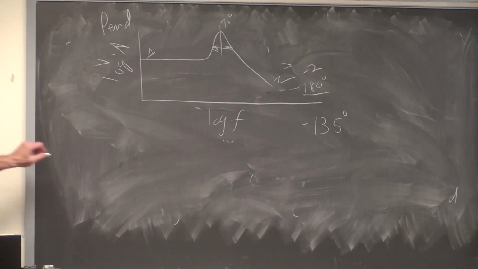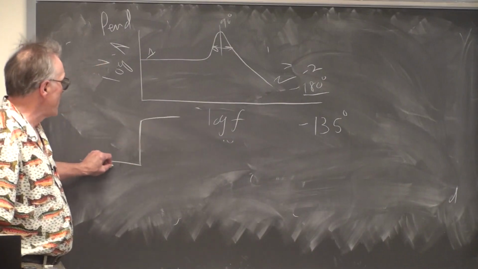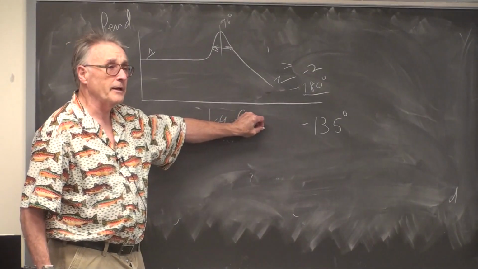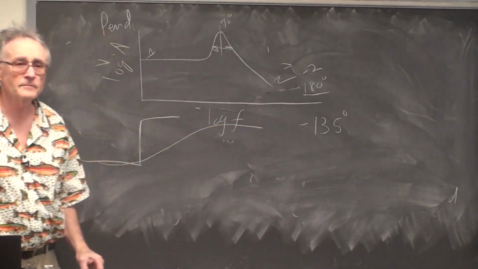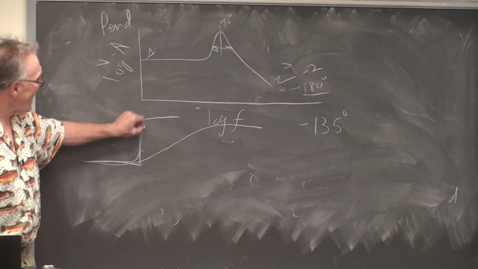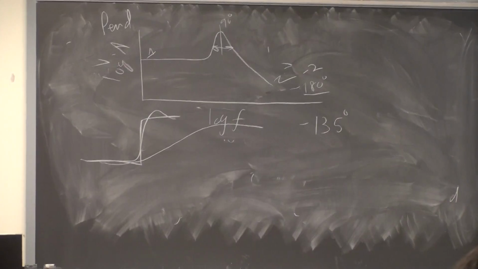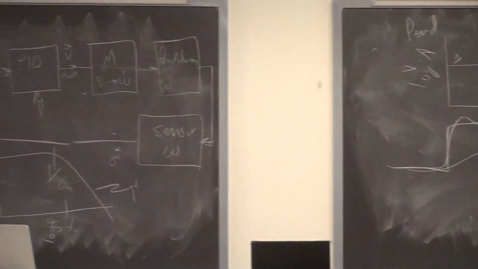Then you put a step function in, and slowly the angle changes up to where you want it to be. That's unacceptable. We want the system to be fast. So we have to cut down the phase shift at high frequencies, but not add too much phase shift at low frequencies. And so what we're going to do is build a compensator.